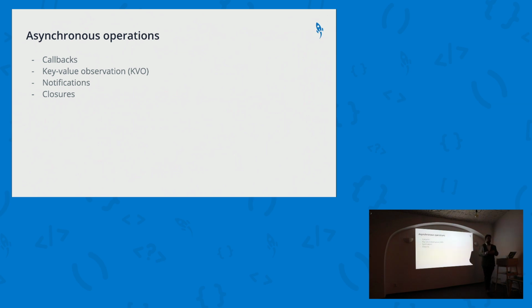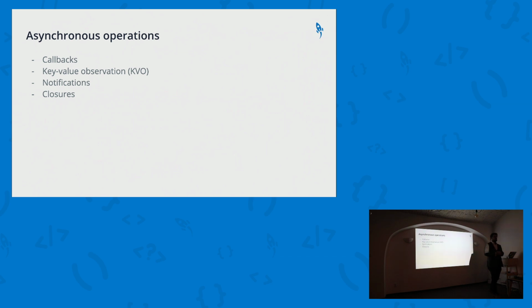And there are multiple ways to approach asynchronous operations right now. Those are, for example, callbacks or key value observation, which is a very Apple specific thing. Then we have notifications, notification center, and for example, closures.